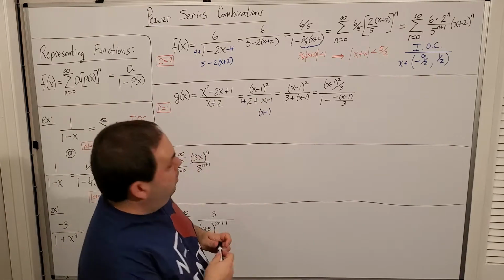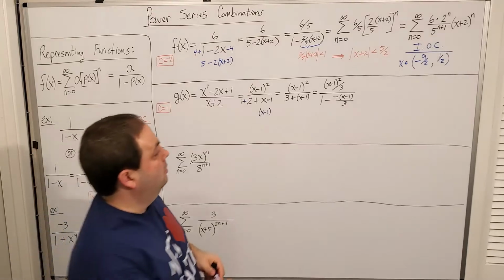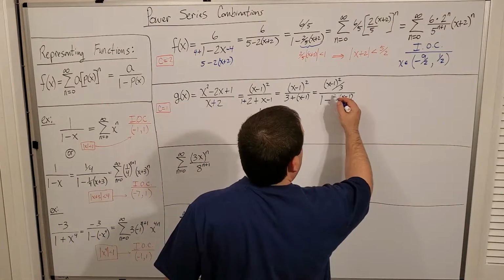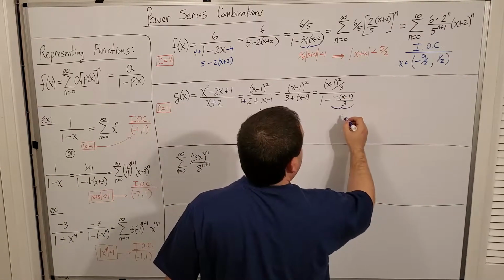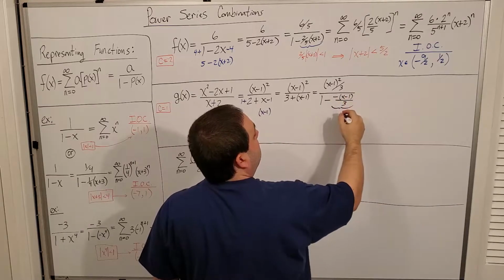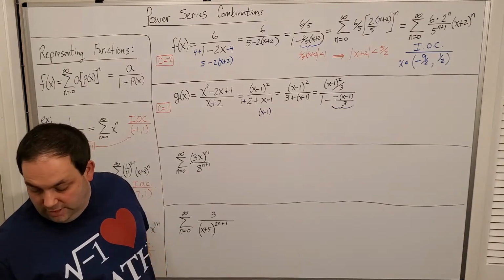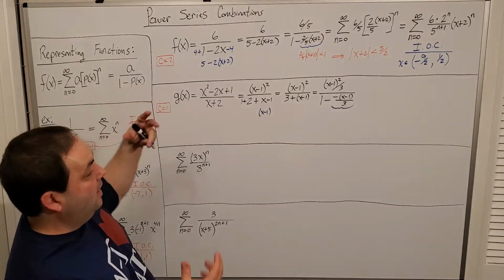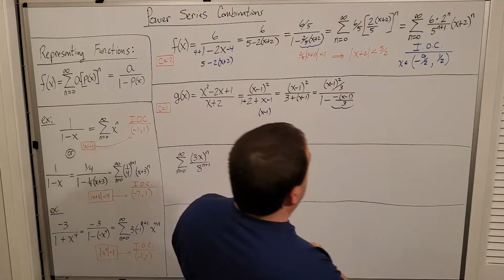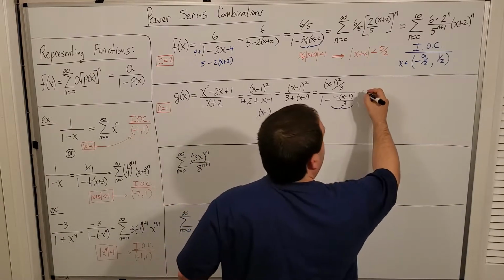Okay, so now where's my r, right? This chunk right here has got to be my r, right? That's the piece that I'm going to be using in the geometric conversion there as my p of x, the thing I've been calling the ratio, the rate of the geometric.